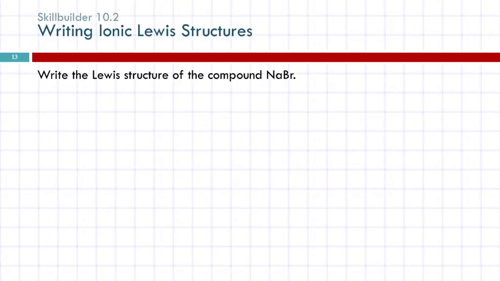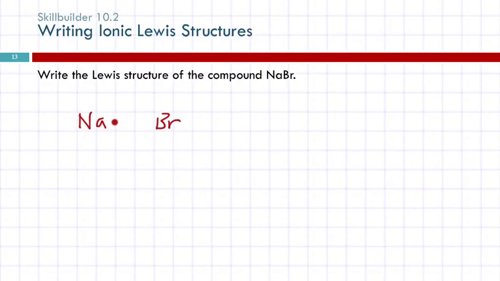So let's look at sodium bromide and write the Lewis structure for this. So we've got sodium and we've got bromide. Let's start with just the atoms.